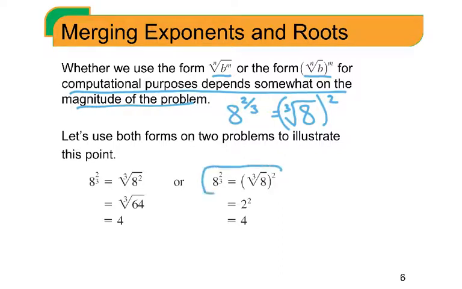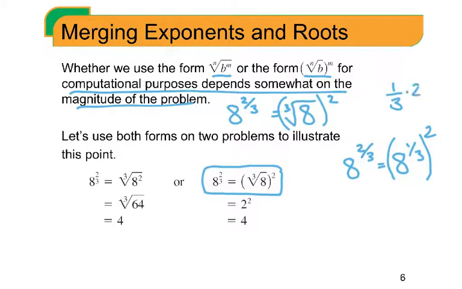That's what they did here. Well, we're writing this as 8 to the 1/3 power squared. We're allowed to do that because 1/3 times 2 equals 2/3.